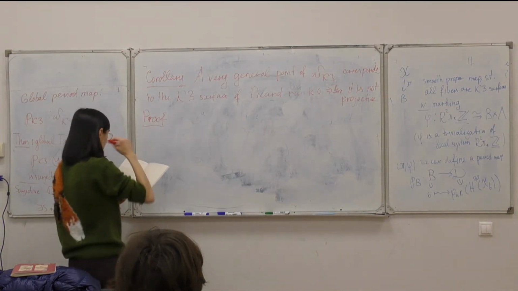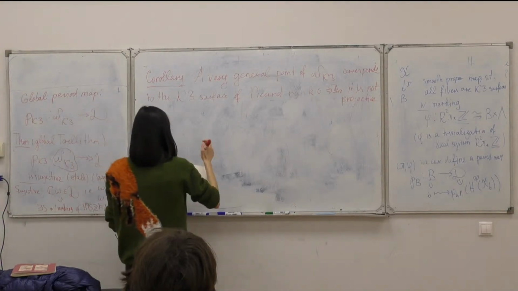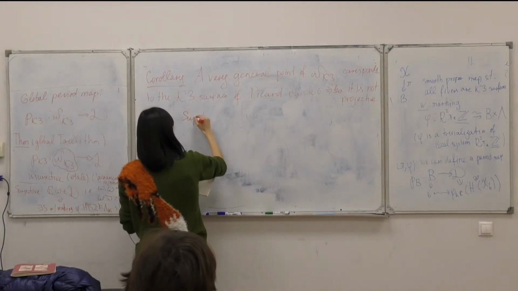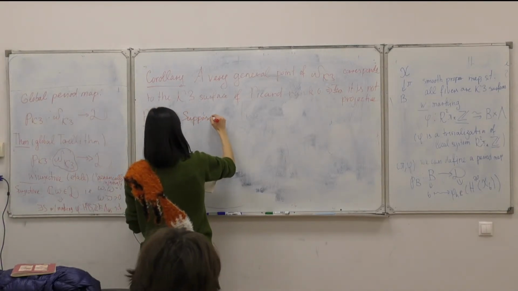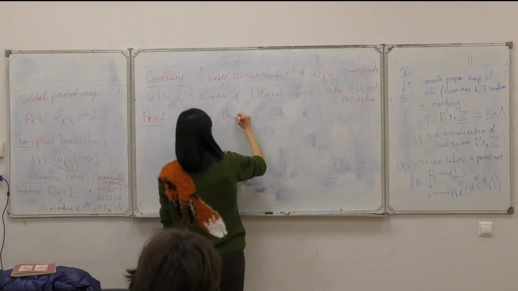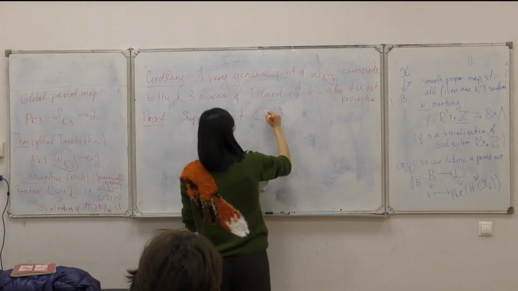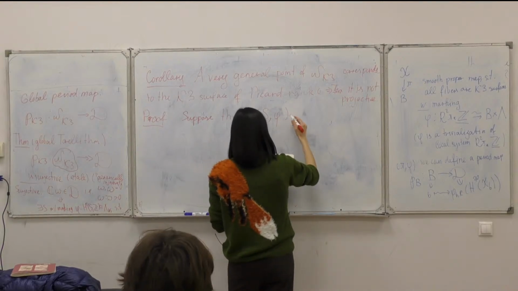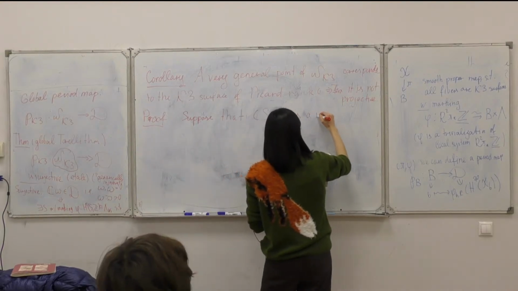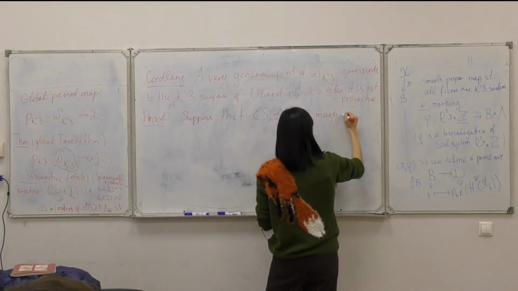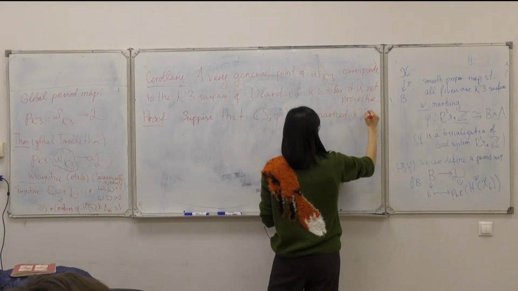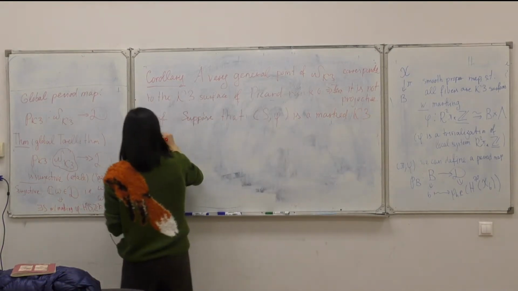So now the proof. Suppose that we have a marked K3 surface.